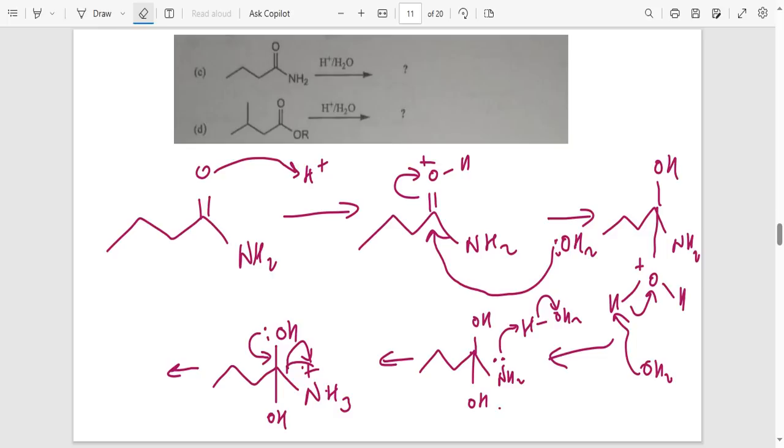So now we have got a carbon here, carbon, another carbon, now a double bond with oxygen. This oxygen is also bonded to a hydrogen, so it will now be having a positive charge. And then we have got it, OH.